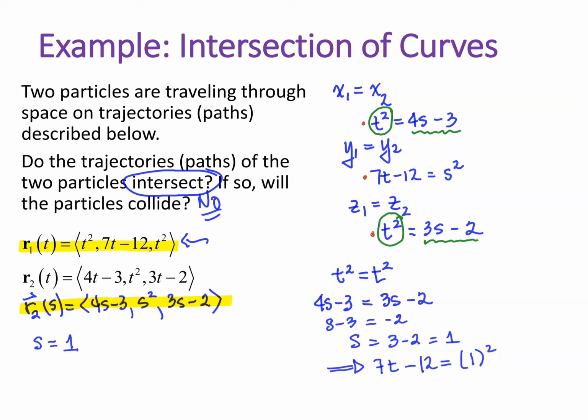Adding 12 to both sides gives us 7t equals 13, 12 plus 1 being 13, and t should be 13 sevenths, assuming that s is equal to 1. So t equals 13 over 7.